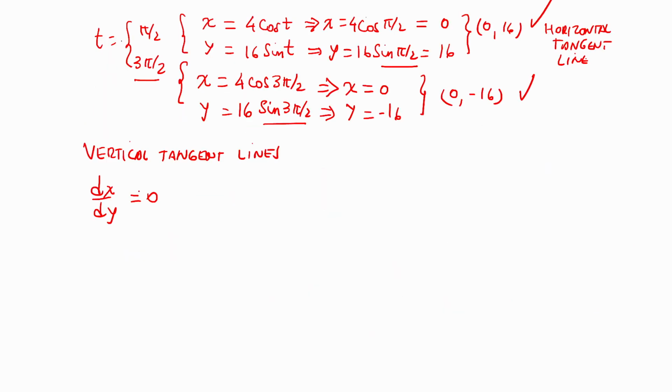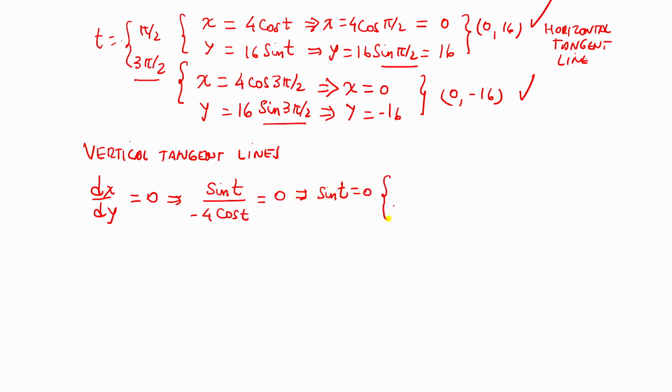So let's write that in here. This is sine of t over negative 4 cosine of t, and we set this equal to 0. Again, if this fraction is equal to 0, then the numerator must be 0. So from here, the conclusion is that sine of t is equal to 0.